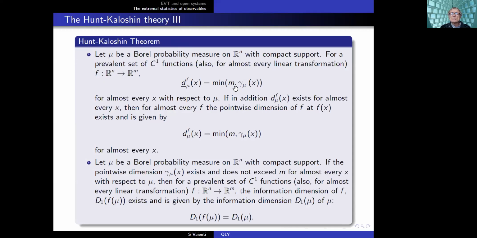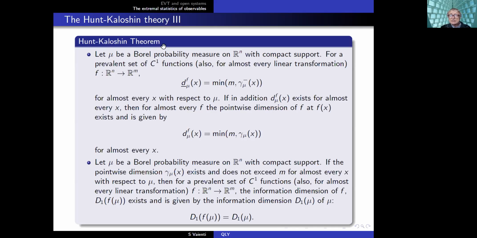They are the minimum between the dimension of the image space and gamma, which is the local dimension of the measure, not of the image of the measure, but of the measure. And it turns out that with extreme value theory, we can detect this number here, and so in some sense we can compute the dimension of the image of the measure.